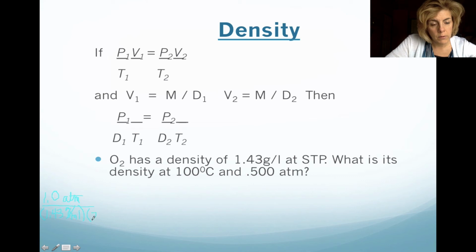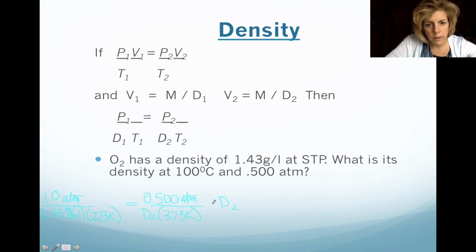At STP, it's 273 Kelvin, equals the second pressure, which is 0.5 atm. I don't know the new density, so I'm putting that down here, and I'm going to multiply it by the new temperature, which is 373 Kelvin.